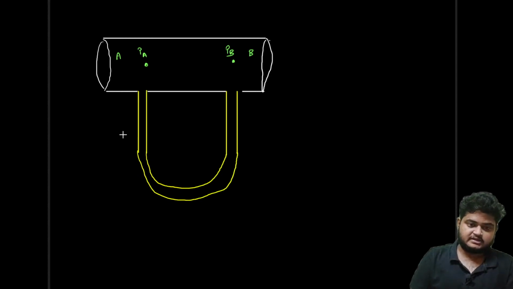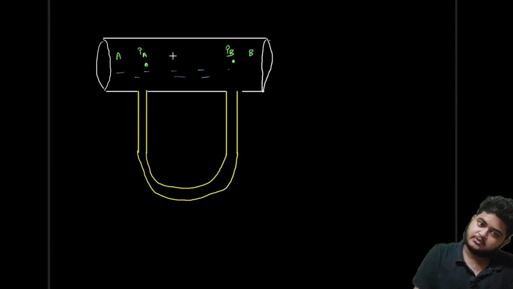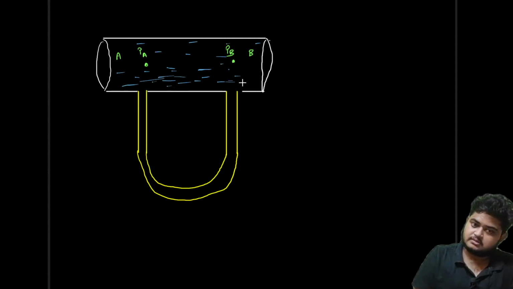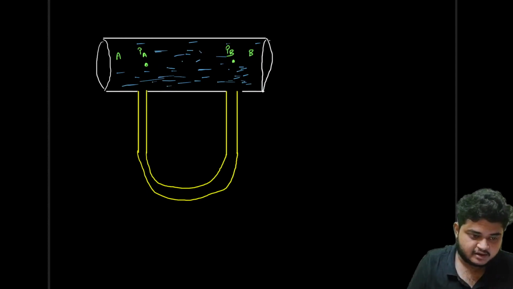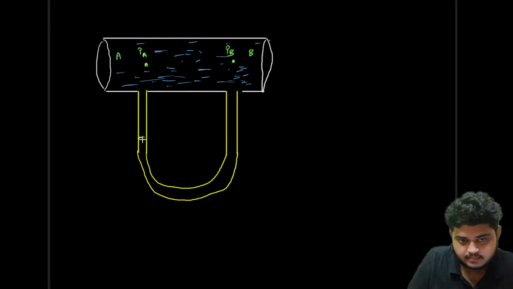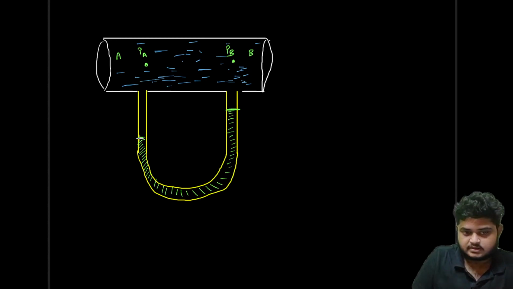Let us assume that this is the liquid which is flowing through the pipe, and this is our manometric liquid. Let us assume this as the datum.